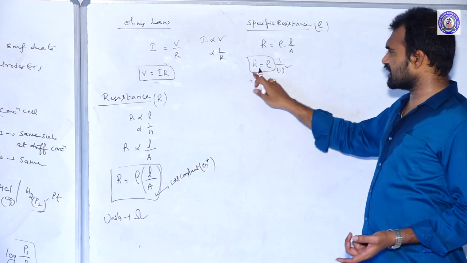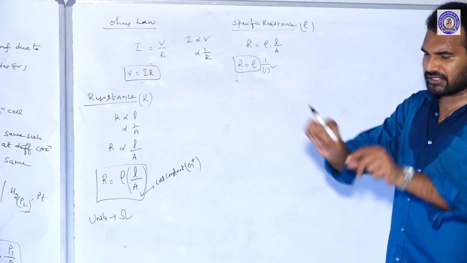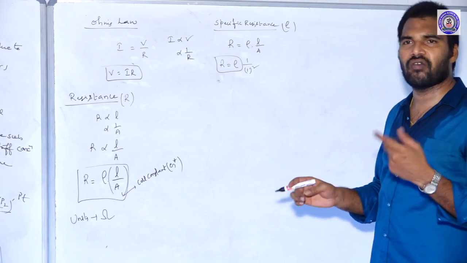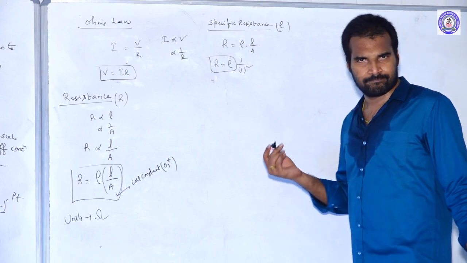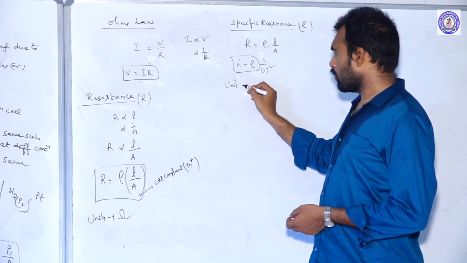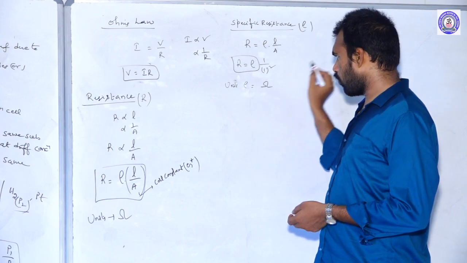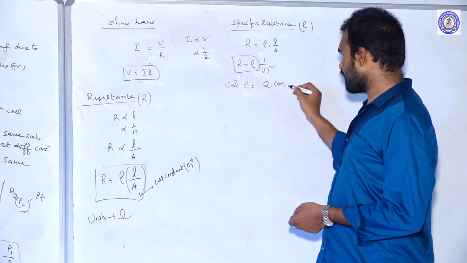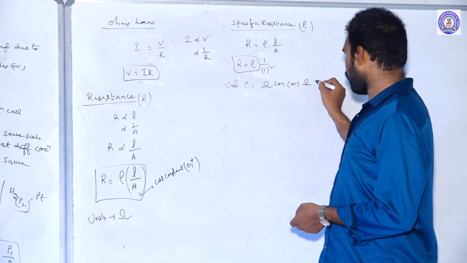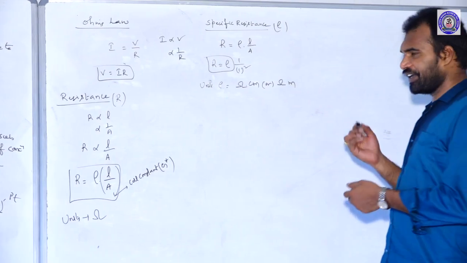So specific resistance is nothing but the resistance when the length is 1 centimeter and its area of cross section is 1 centimeter square. The units of specific resistance are ohm centimeter or ohm meter.